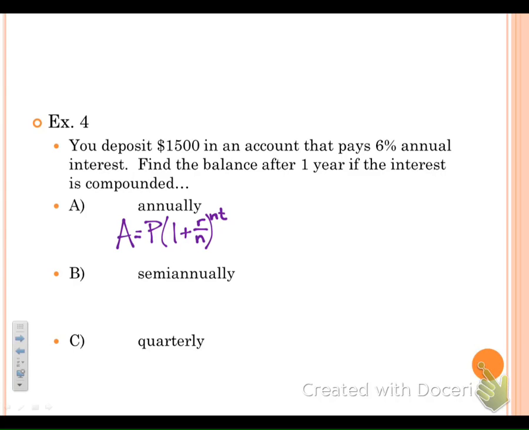So wait a second, what's P? What do you start with? We're starting with this 1,500. So instead of P, I'm now going to have 1,500 in its place. And then the rate is pretty easy to pick out. I just have to write it as a decimal.